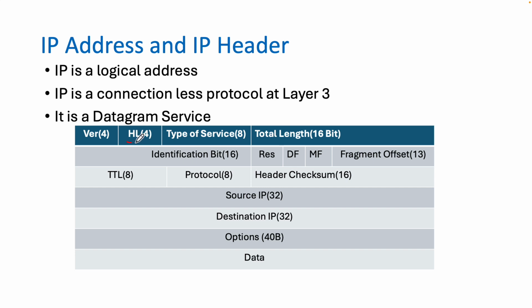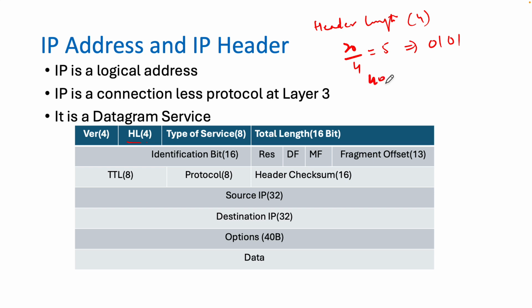And what is this HL? This is header length. Header length, 4-bit again. So if you are using 20 bytes, which is the minimum size, divide by 4, this is the formula. Answer will be 5, and write it in bits format. It will be like 0101, right?